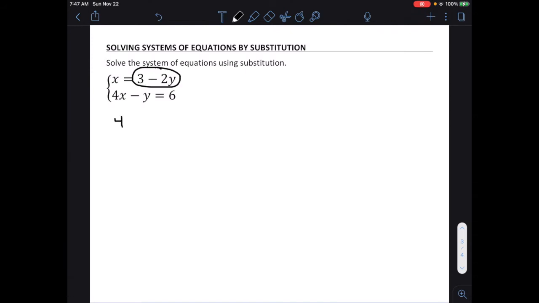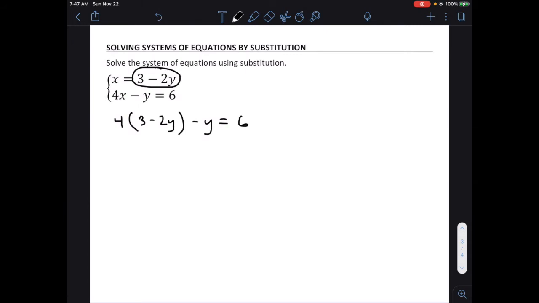So we have 4, and you'll notice each time I do this, I'm using parentheses, and parentheses are really important, especially when you have something like 3 minus 2y, because it is an expression that will require distribution once we substitute it. All right, so we have 4 times (3 minus 2y) minus y equals 6. So the only thing that changes is that x becomes 3 minus 2y.